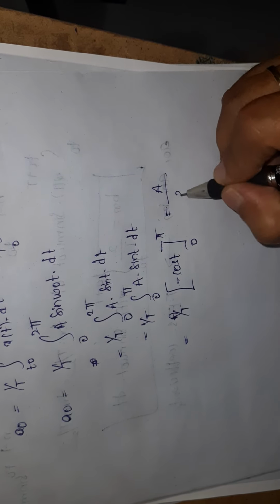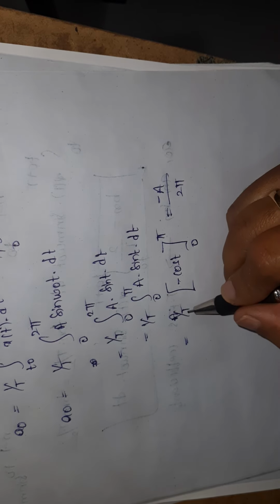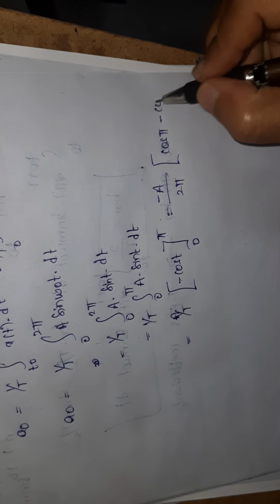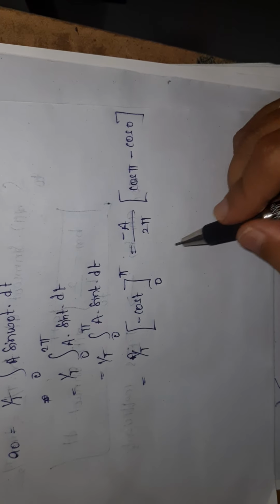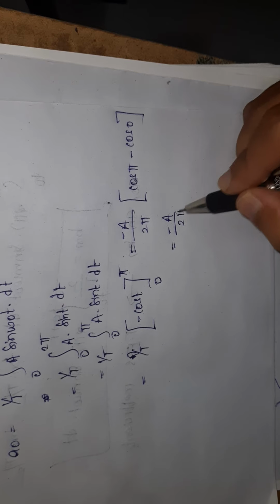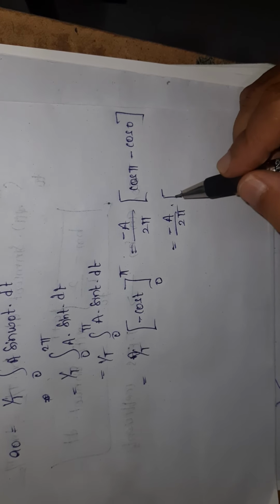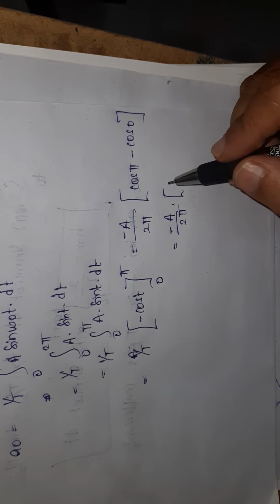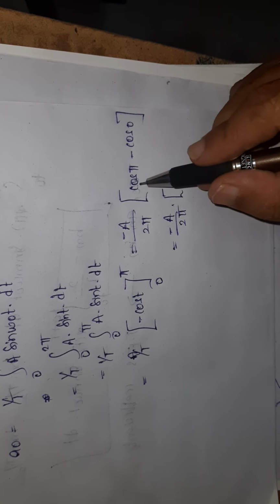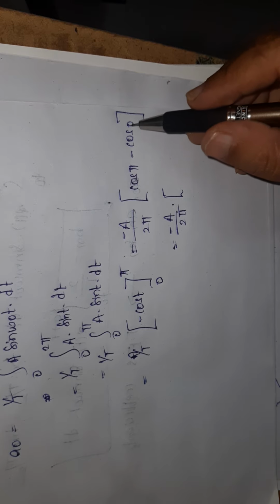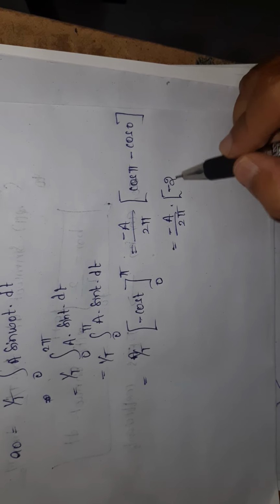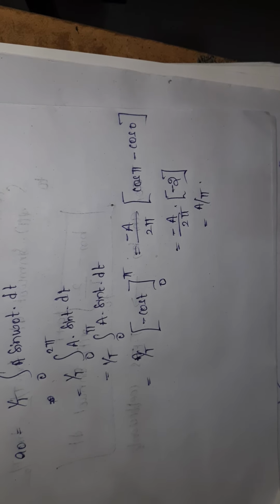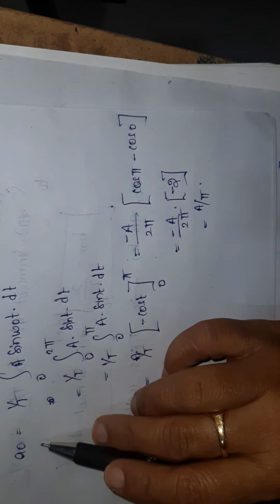So minus a by 2 pi into cos pi minus cos 0, which is minus 1 minus 1, so minus 2. So I will get a by pi. This is the a naught value.